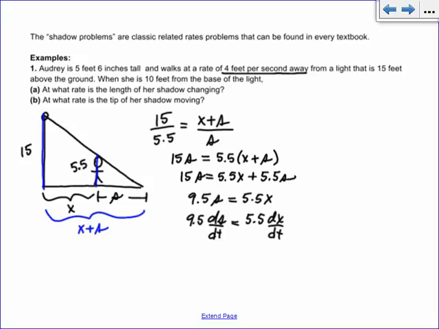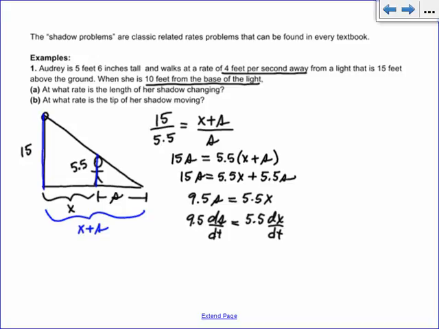So basically, it doesn't matter how far she is from the base of the light. That's what throws people off. That 10, completely useless. We never have to plug that in. Okay, it doesn't matter how far she is. The thing that does matter in the real world, right, with physics, is if she's like 1 mile away from that light, is she really casting a shadow from that light?